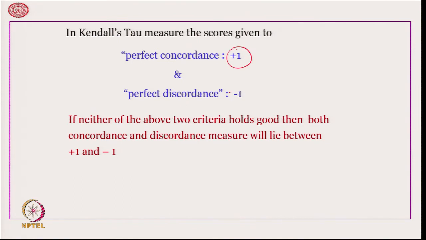If perfect discordance, then the value will be given -1. If neither of the above two criteria holds good, then both concordance and discordance measures will lie between +1 and -1. Thus, we can see a similarity with respect to the correlation coefficient.